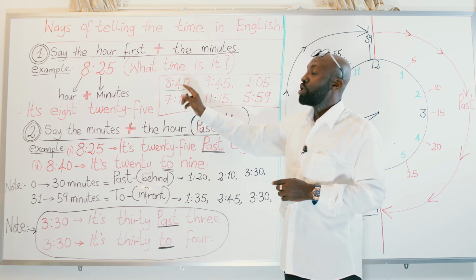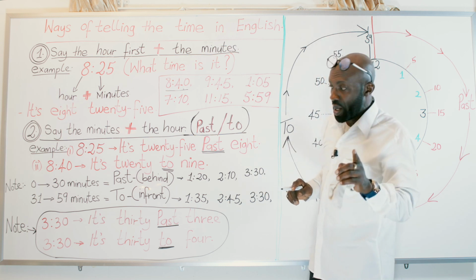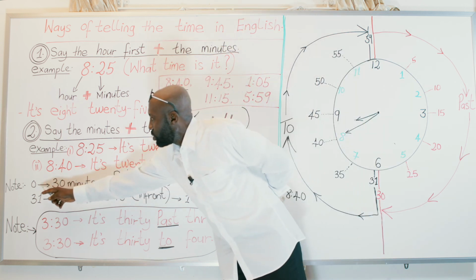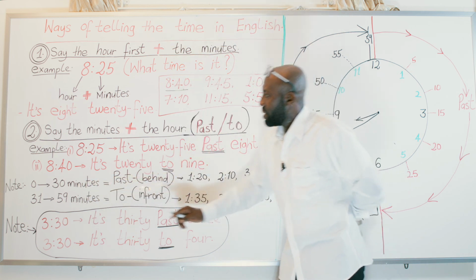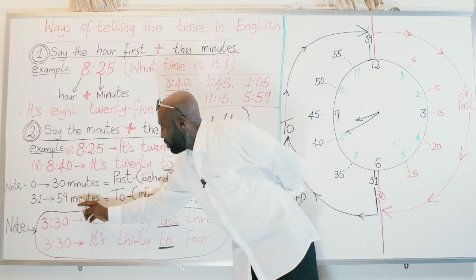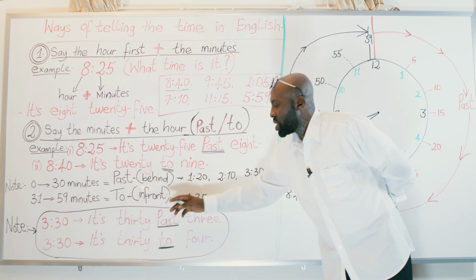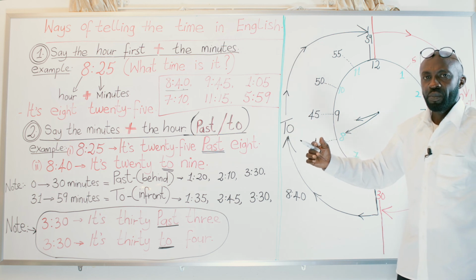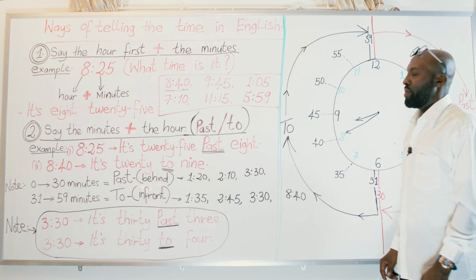So you say 20 to 9. That's why I say you should remember, between the minutes of 0 to 30 minutes, you use past. And 31 to 59 minutes, you use to, which is in front. Did you get that? Okay.